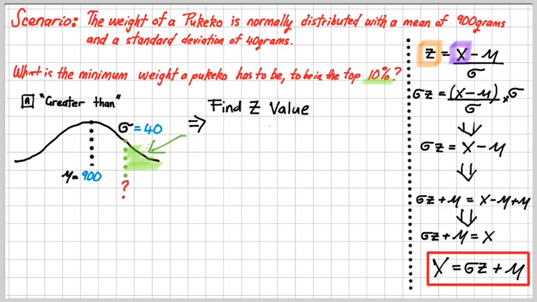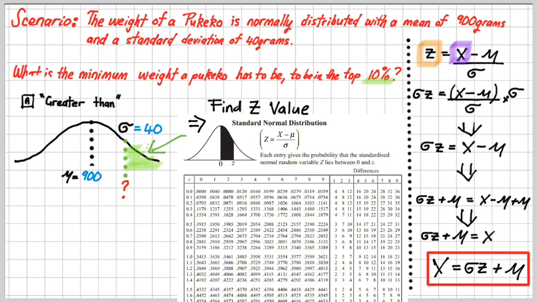So firstly, I need to find my z value. How do I do that? Our standard normal distribution table will assist us here. So remember, when you're using the standard normal distribution table, this is the probability that I've just colored in the orange is the one that I need to consider.